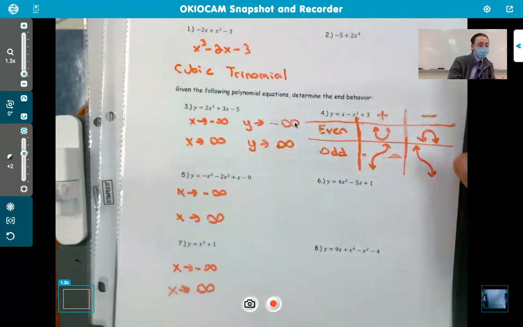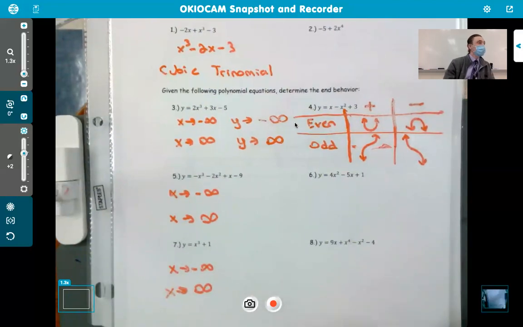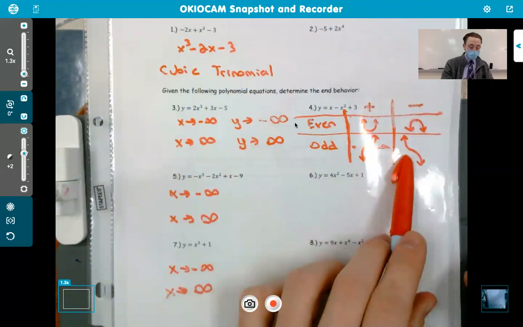Example 5. What's the degree of my polynomial? Is it even or odd? Odd. And what's the leading coefficient? Negative. Odd. Right? Sorry, I didn't mean to jump the gun there. So odd and negative. So again, I'll go to my chart here, odd and negative.